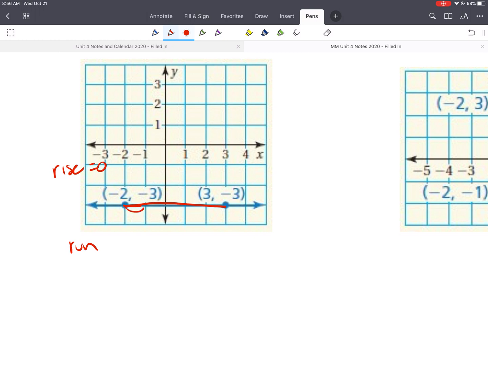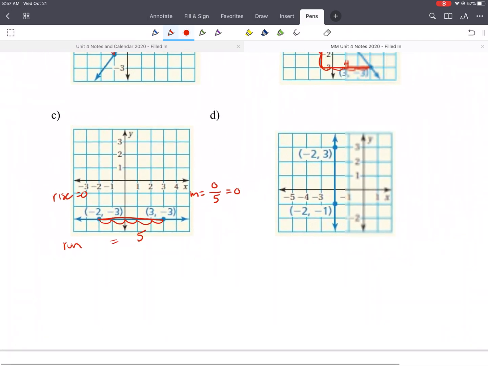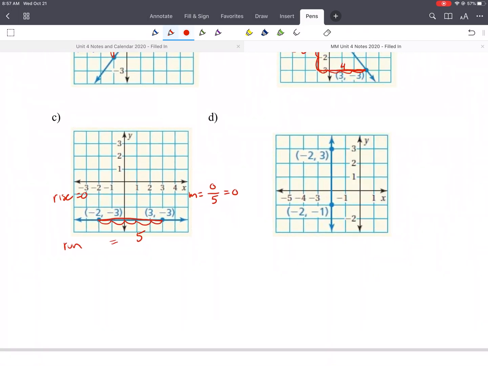Here that would be 1, 2, 3, 4, 5. Okay, so the run would be 5. So rise over run would be 0 over 5. Well, that's just 0. Okay, so this is a slope of 0. It's not positive, it's not negative, it's just flat. It would be a slope of 0.